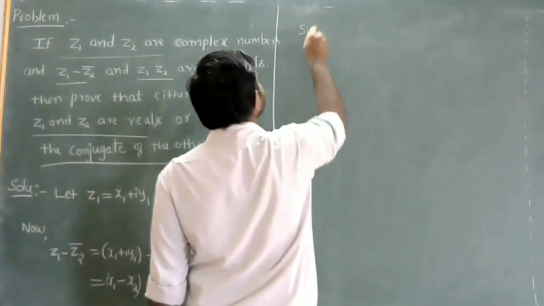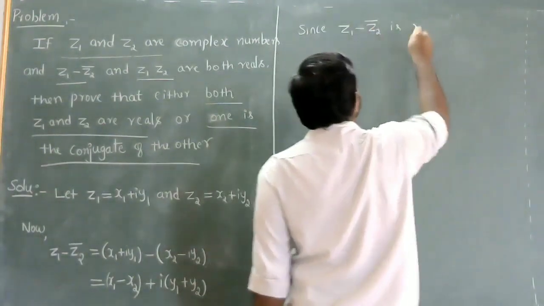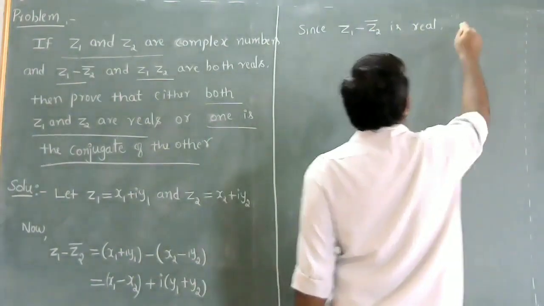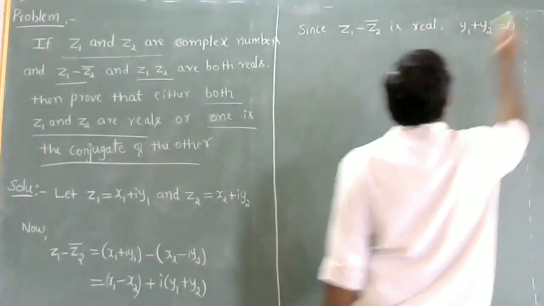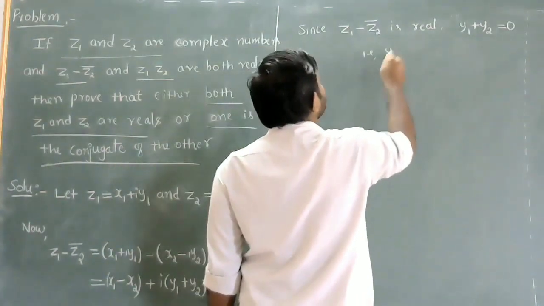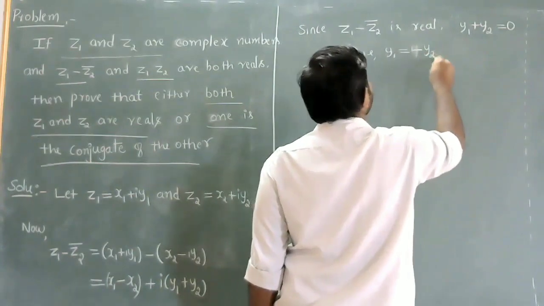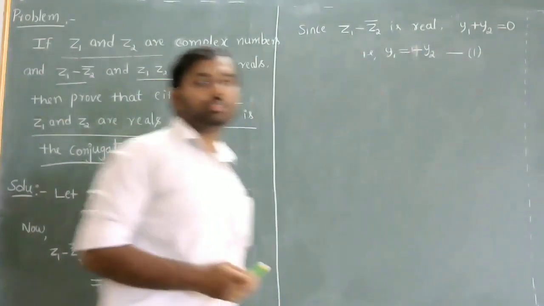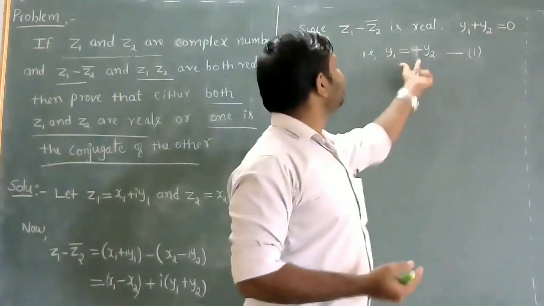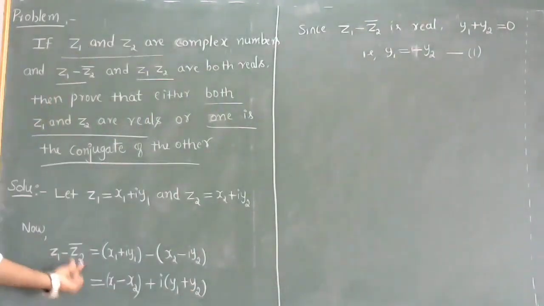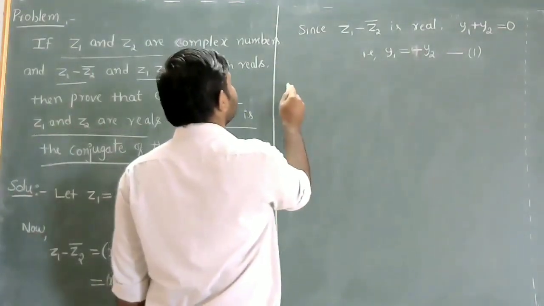So, since Z1 minus Z2 bar is real, the imaginary part of this complex number, that is y1 plus y2, has to be 0. Or in other words, I can write y1 is nothing but minus y2. Call this equation 1. I got one fact using Z1 minus Z2 bar is real. Now, we shall do the same thing with Z1 into Z2.